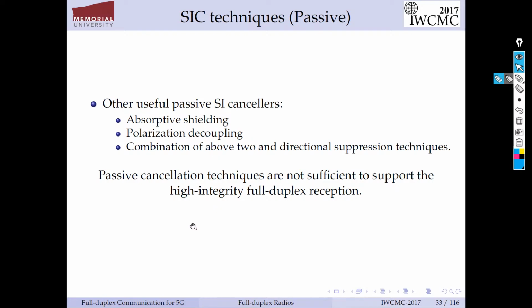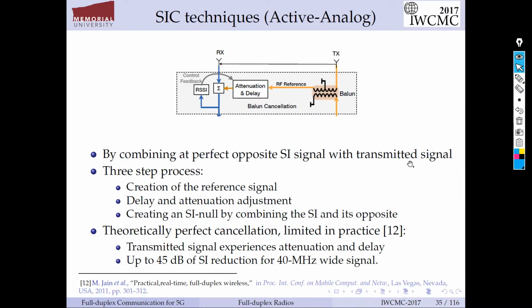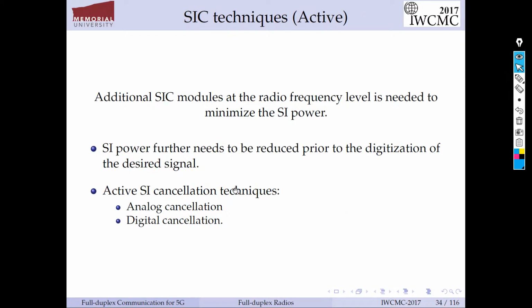Now, passive cancellation techniques are not sufficient to support high integrity full duplex reception. That's why we sometimes prefer to use digital baseband suppressing techniques, not only passive suppressing techniques, but also active self-interference cancellation techniques, which can be classified into analog and digital.